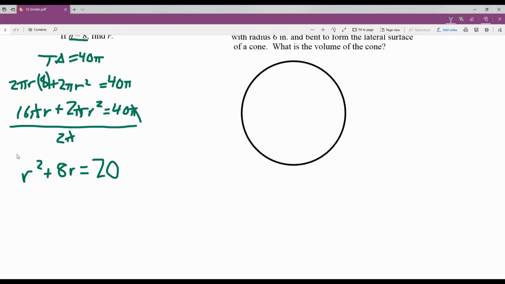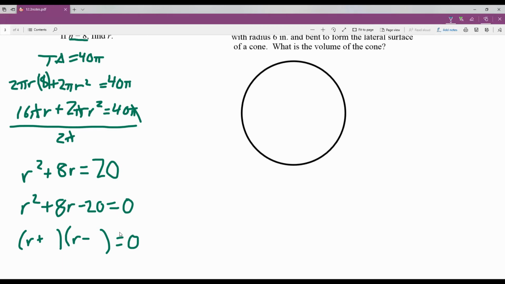Hey, look at here. This is looking something like a quadratic. So since it's looking like a quadratic, I'm going to solve it like one. So I'm going to get it equal to 0, and then I'm going to factor it. So I've got to think about what two numbers can multiply to get to -20, but add to get to 8.